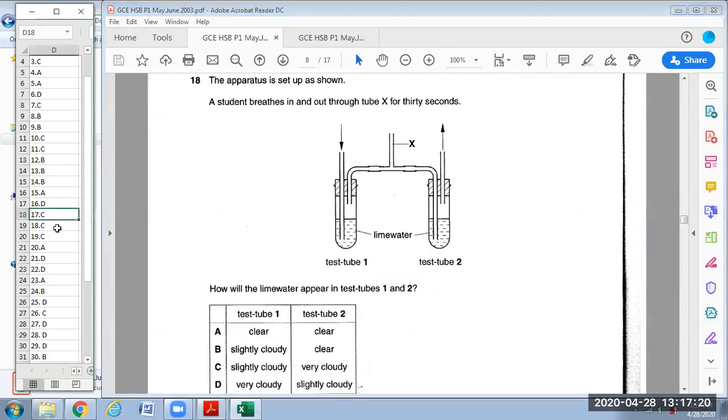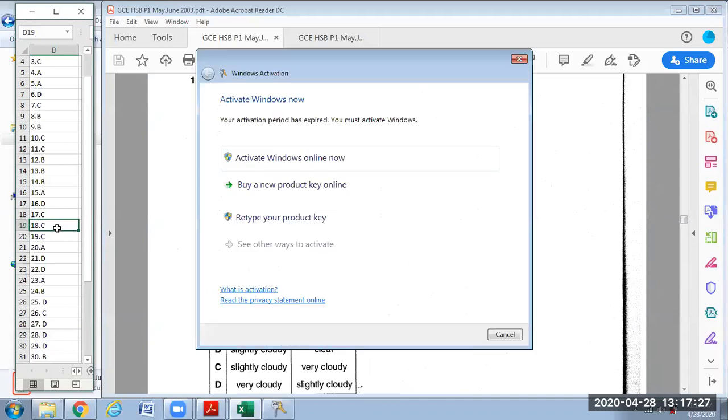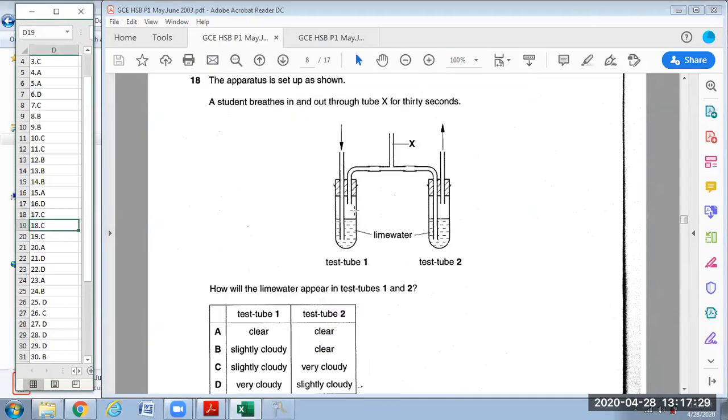The apparatus is set up as shown. The student breathes in and out through tube X for 30 seconds. The answer would be C. Right, so when you breathe in here, there's a little bit of carbon dioxide which would turn it a cloudy color.